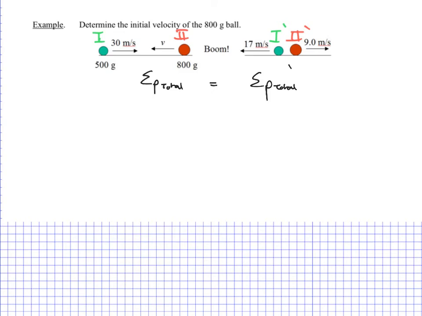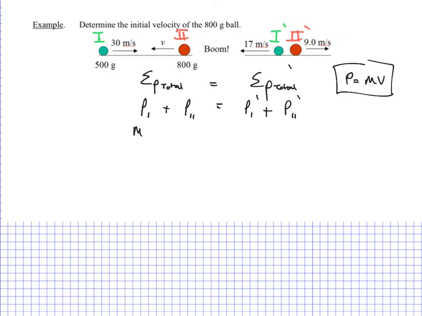Okay, so now I can just add them all together. So I've got momentum 1, I've got momentum 2, and I've got momentum 1 prime and momentum 2 prime. And of course momentum is equal to mv, and so I can just replace each one of these with mv.